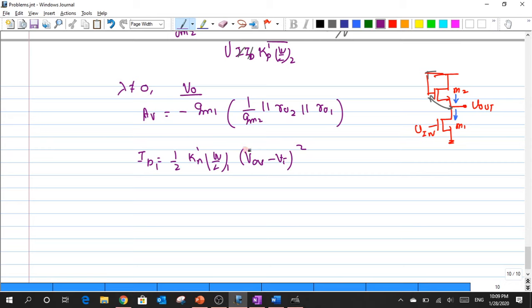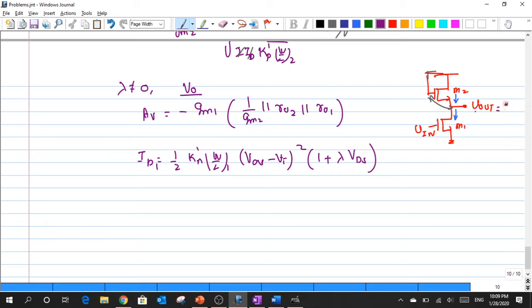Even this current wouldn't relate to the Vout. But since the value of lambda is given, one can account for the channel length modulation impact by adding an extra term to it. Whenever lambda was equal to 0, we never had this extra term, but currently, through lambda, I can relate to the present value of Vout that we have.